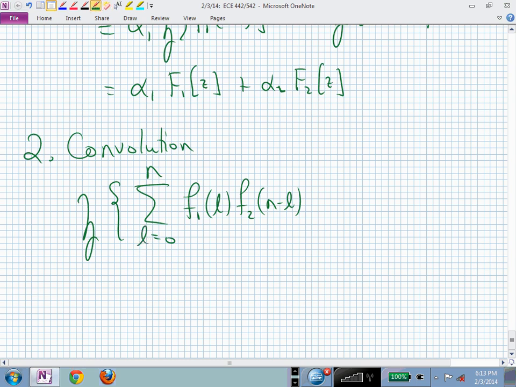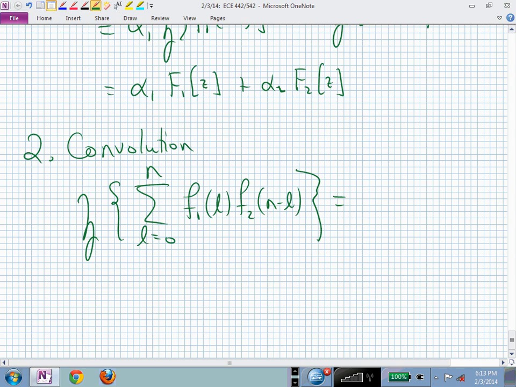I'm summing over L. If I take the time domain convolution of two waveforms, F sub 1 could represent my exciting waveform that's hitting my system.